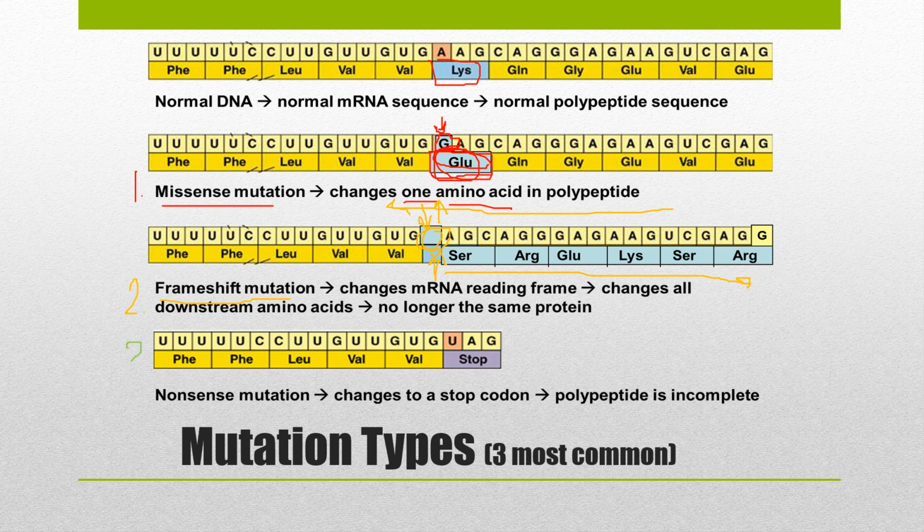The third type of mutation is going to be a nonsense mutation. Remember that a nonsense codon is going to be a stop codon, these stop codons. So this is where we have maybe a change in a base that causes a stop codon to suddenly appear before the end of this RNA happens.